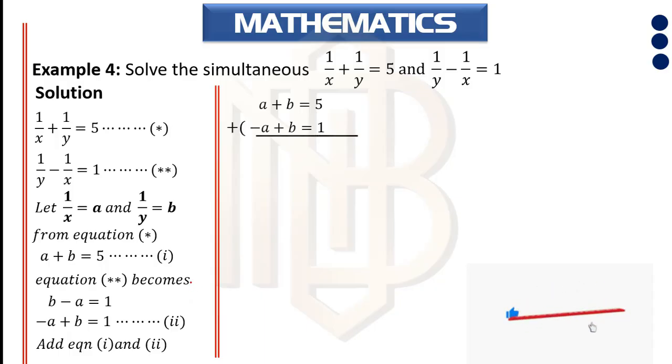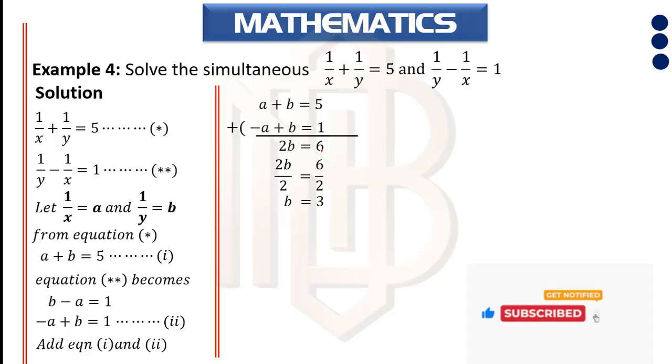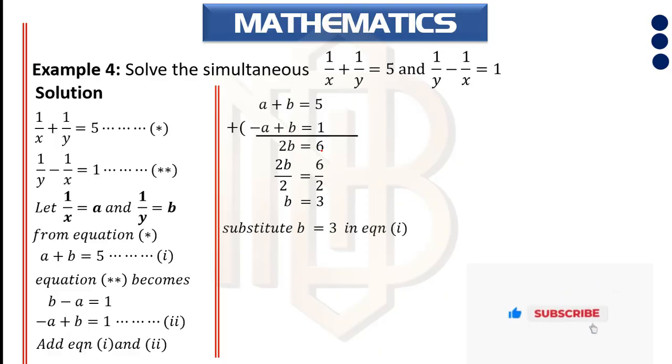Of course, b plus b will give us 2b, and 5 plus 1 will give us 6. And from there, you can say 2b over 2 equals 6 over 2, which gives b equals 3. Substitute b equals 3 in equation 1.